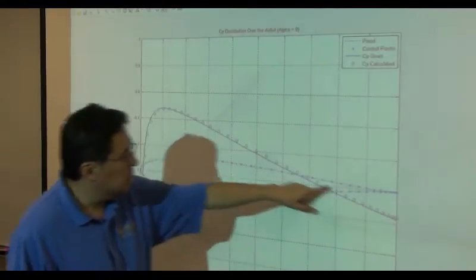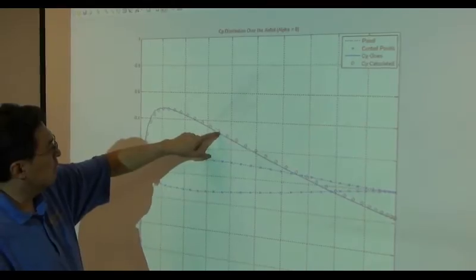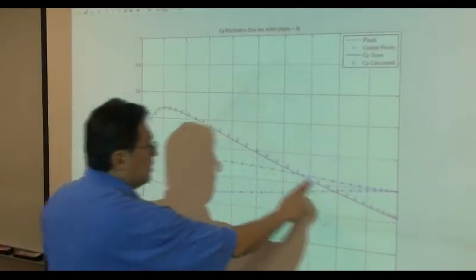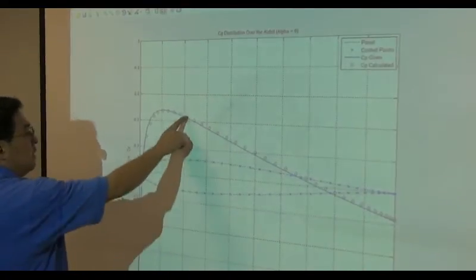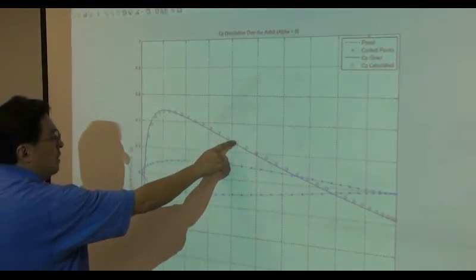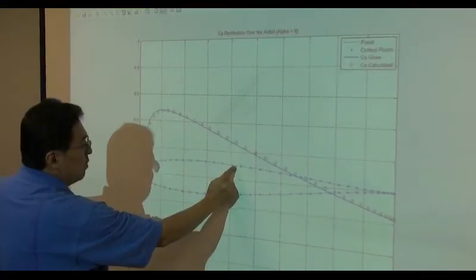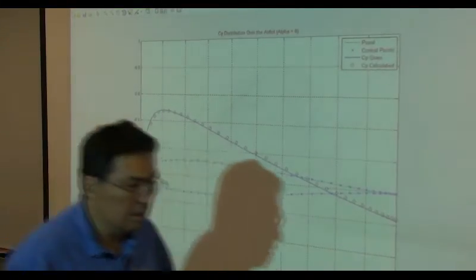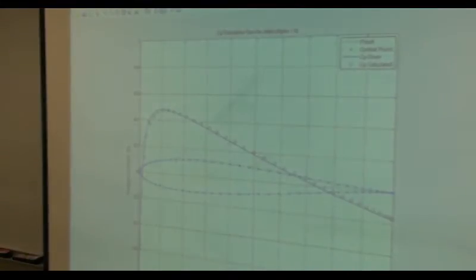Fairly good matching between theory and panel method. This is the theoretical value. These are the computed values of CP at each panel control point. So not so bad, huh?